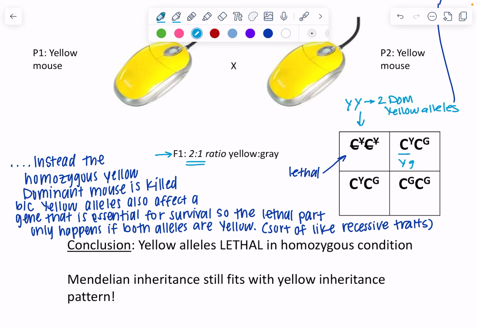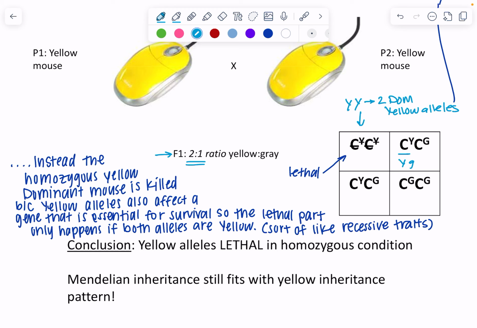So in a sense, and he sort of said this in class, that double dominant yellow allele is acting like a dominant allele for color, but it's acting as a recessive allele for something else that's essentially important. So it's a recessive mutation that turns off a coding area that's essential for life.